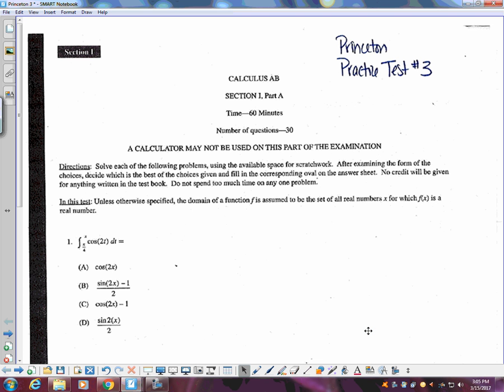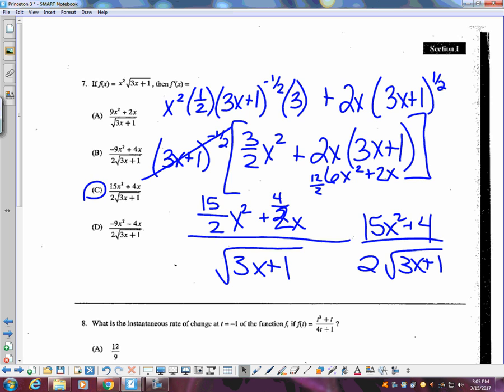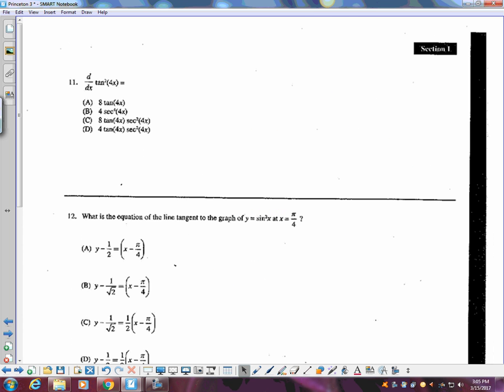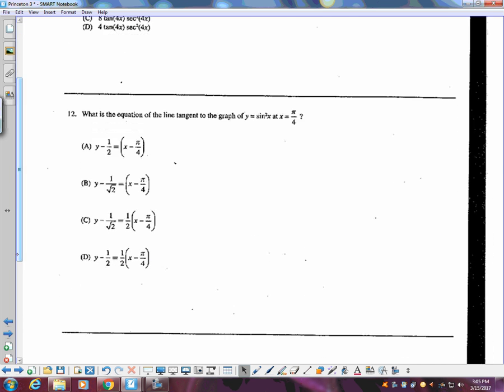Princeton 3, number 12. Okay. Everything straightforward.